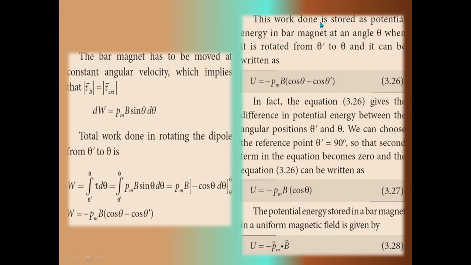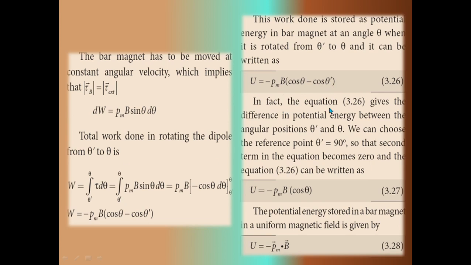The work done is stored as potential energy in the bar magnet at an angle theta when it is rotated from theta dash to theta, and it is written as U, the symbol for potential energy, is equal to minus PM B, cos theta minus cos theta dash.